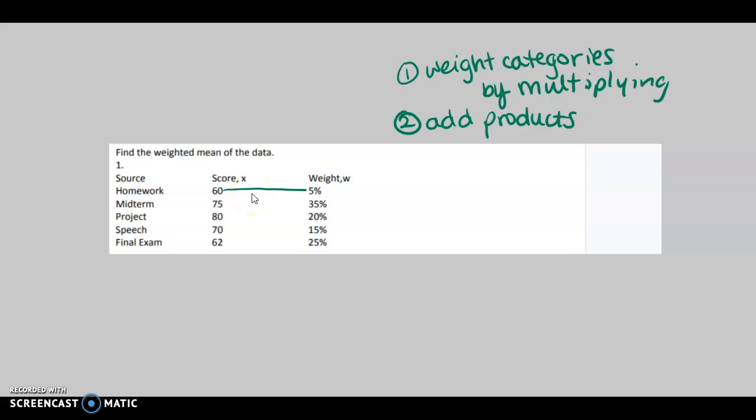So I'm just going to take each one of these things and I'm going to multiply by the decimal. So 5% is 0.05.